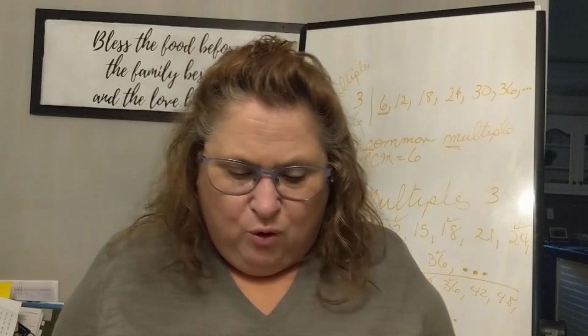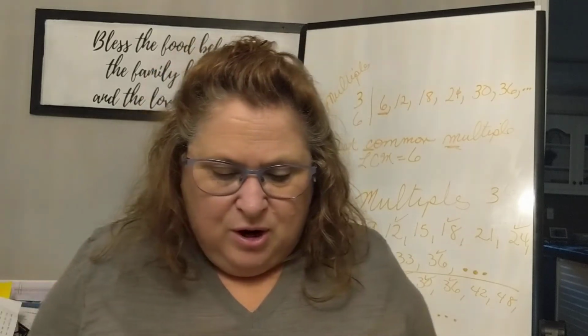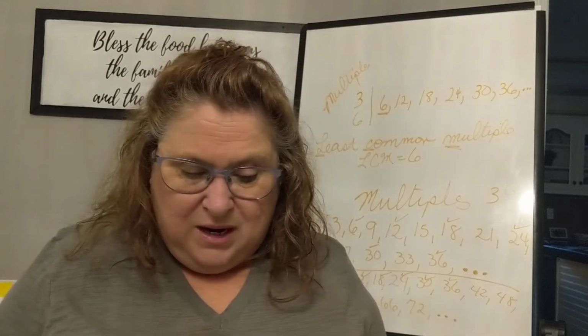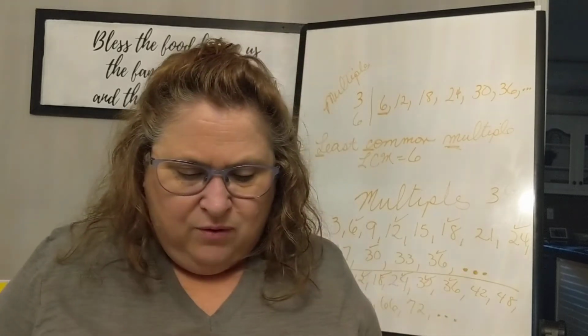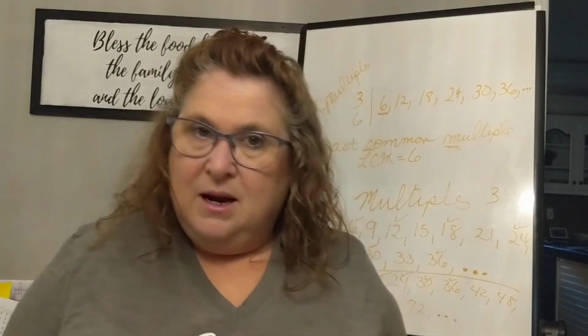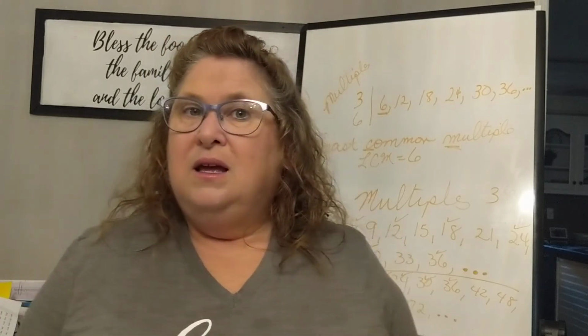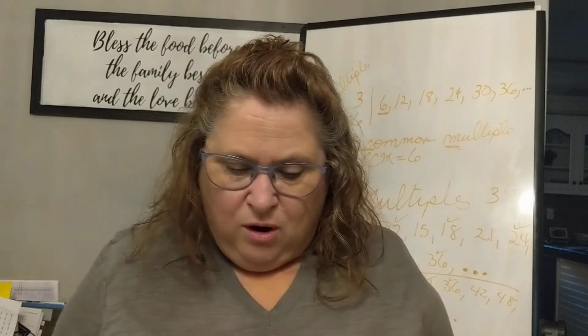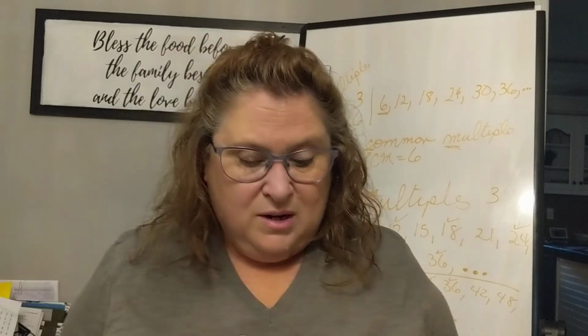Okay? So look at 3 and 4. So with 3 and 4, if we're counting by 3s, they've started at 3s. We have 3, 6, 9, 12. Then we would write in there 15, 18, 21, 24, and the dots are for us.